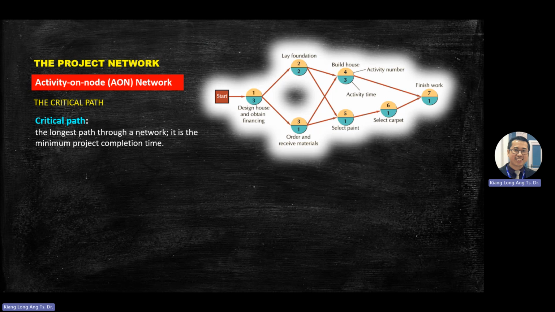So one way is 1, go to 2, go to 4, go to 7. This is path number 1. Then if I use this diagram, the second one, 1 to 2, go to 5, go to 6, go to 7 is number 2.